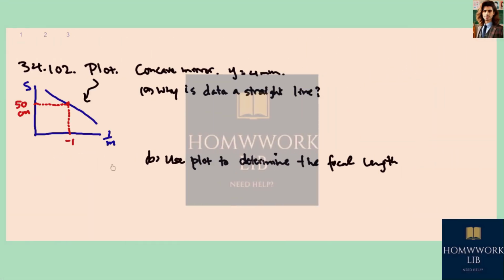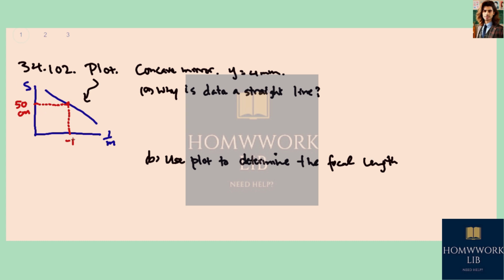Okay, in problem 102, we have a concave mirror and a firefly, which is 4 millimeters tall. And we're also given a plot, which is a data set of 5 points. The plot is given on the horizontal axis 1 over the magnification, and the vertical axis is S, which is the object position.